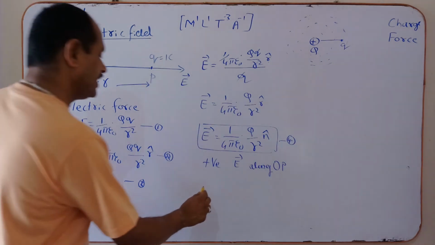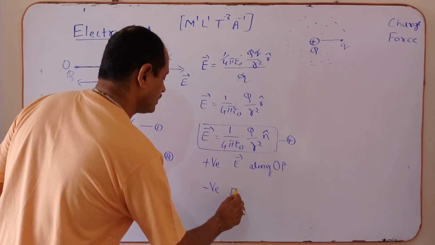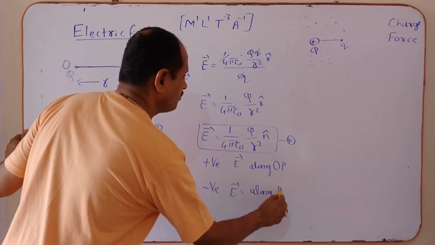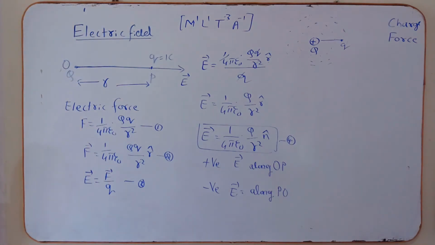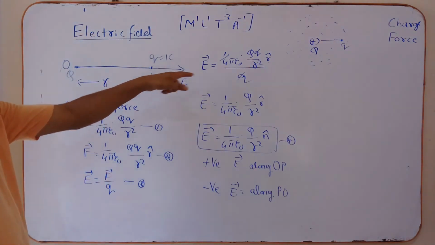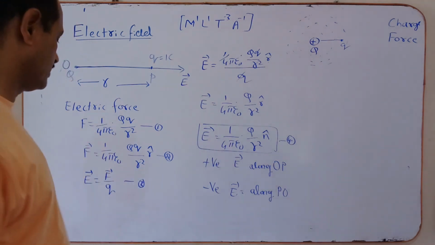Suppose the charge is negative. At that time, the electric field is along PO. In whichever direction the force acts on the charge, in that direction you have to take the electric field. That is the expression for the electric field.